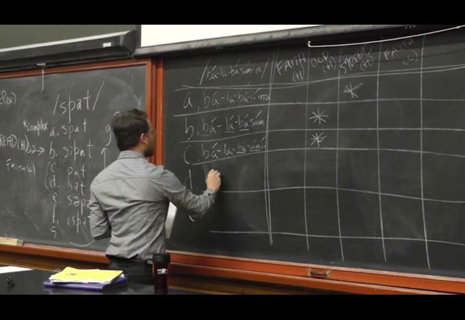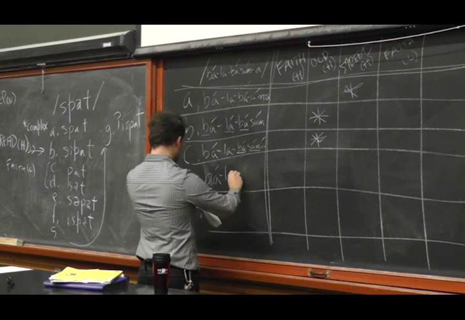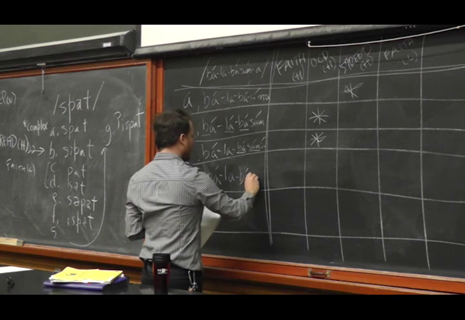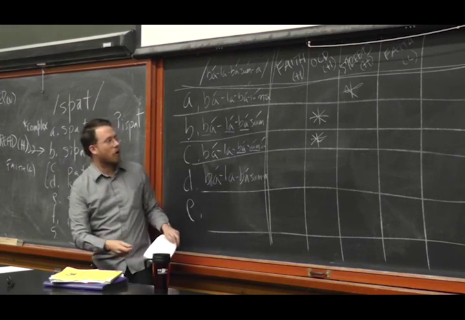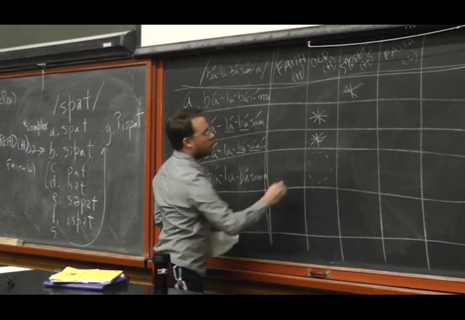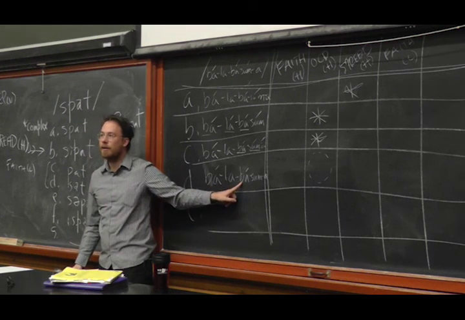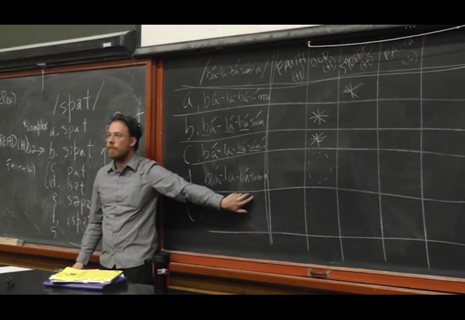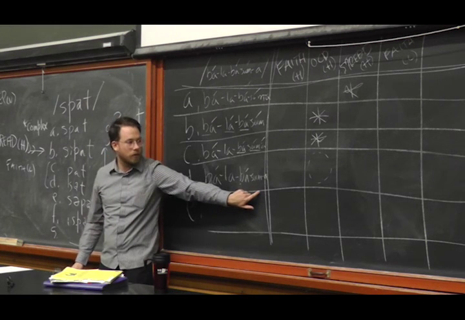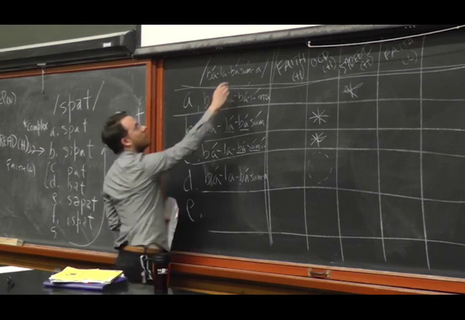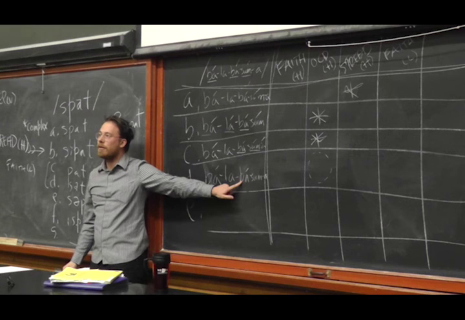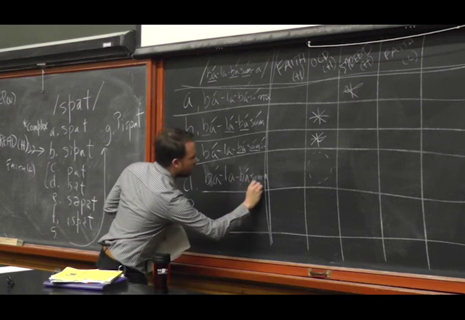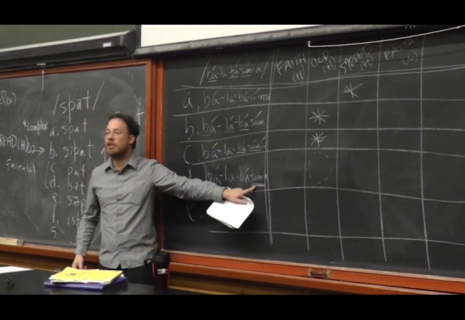So if we have something which is ba, la, ba, sum, a, this one would be a case where it does not violate the OCP, because the ba and the sum are different tones. This is high, this is low. But we see that there are three high tones in the input, so this one does what? Violates faith high. So we see here that this one, this sum, is changed from a high to a low.